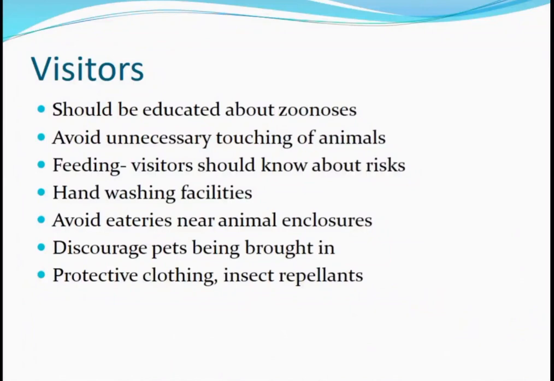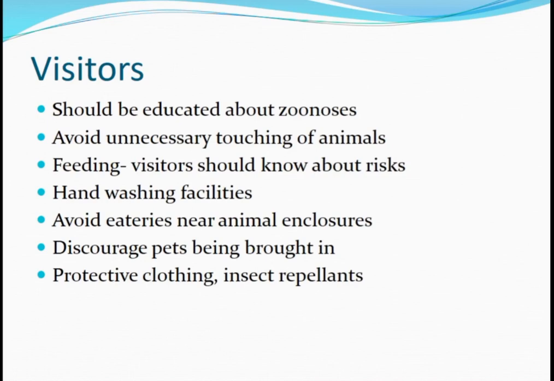Then another thing is that, as a zoo is a recreational spot, there is always a scope for picnics inside a zoo. The people will be bringing in eatables, or there will have to be vending areas where you have to provide food for the visitors, and you should make sure that the food vending area is far away from any of the animal enclosures in order to reduce the risk of transmission.